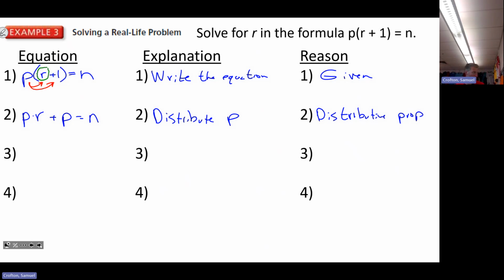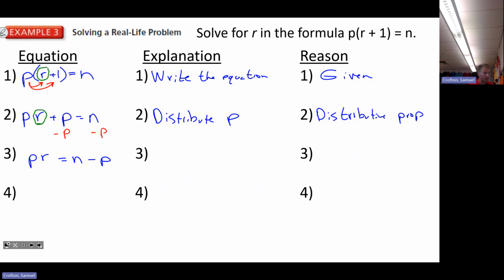Great. Next step. Again, keeping in mind what my end goal is. I'm going to circle it in green again. R. My goal is to get him by himself. Right now he's being multiplied by P, but before I get rid of that P in front, I want to get rid of this one. Once I get rid of that, now I just have PR equals N minus P. And I shouldn't say I got rid of it.